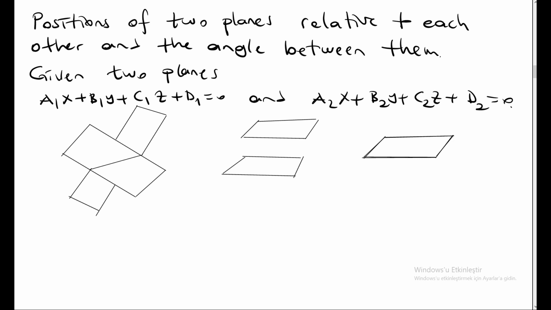So in these cases, they may intersect each other. We know how to find the intersection line. I gave you 3 methods for how to find the intersection line, and then we can check their normal vectors relative to each other.